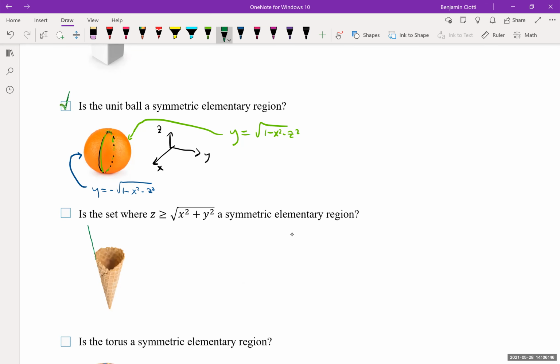They just mean it's symmetric in that any of the variables could be expressed to lie between functions of the other two, but you can have shapes that don't have any, say, mirror symmetry or rotational symmetry that are still nevertheless symmetric elementary regions, according to this definition.